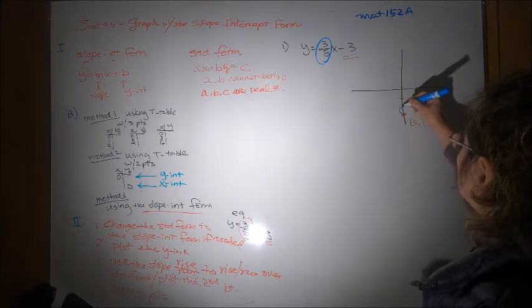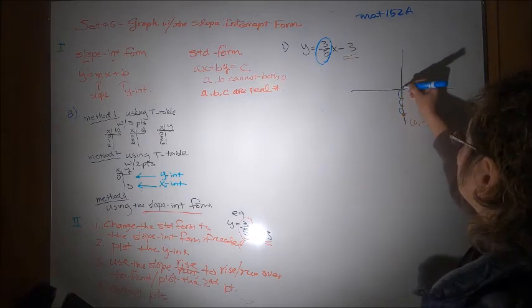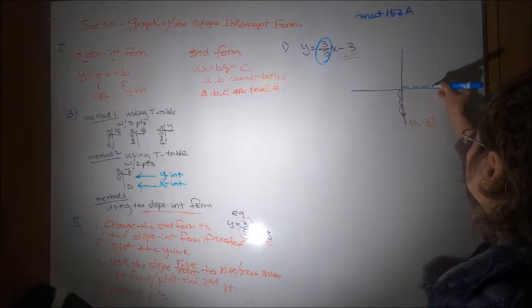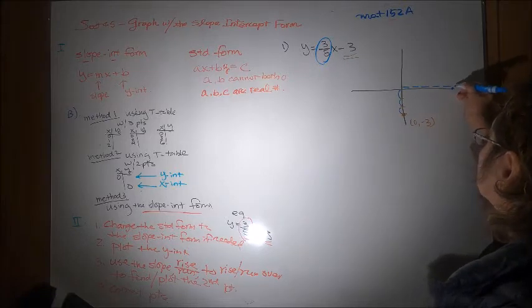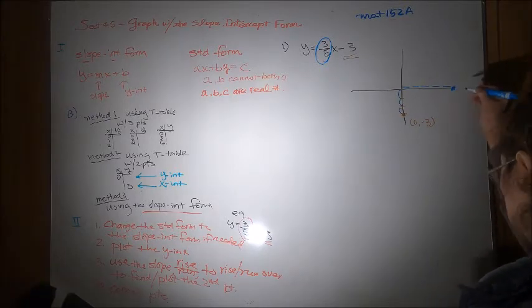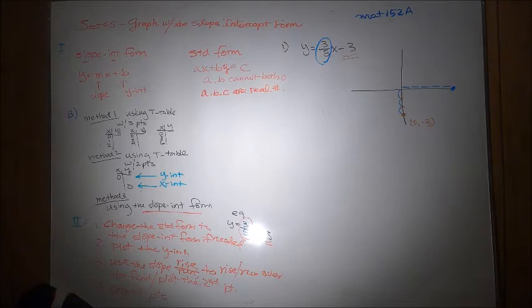So you go up 3, run over 1, 2, 3, 4, 5, so that would be here. Is that right? Then mark your position, the ordered pair. You counted 5 here, 3 here, and write this point. That would be 5, 0. Is that right?